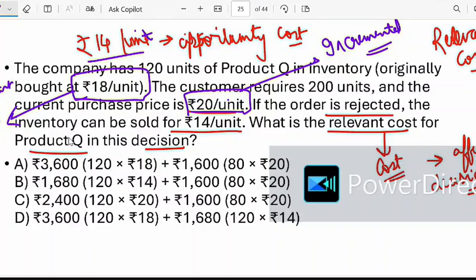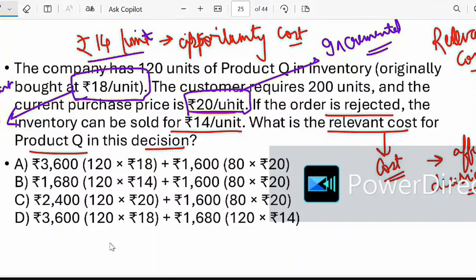The answer is no, right? 18 rupees per unit is a part of historical cost, and historical cost is called sunk cost. It is irrelevant. So we have to figure out what is relevant cost here. Two relevant costs are here. First is the opportunity cost, and second is the incremental cost. Now let's calculate individually.